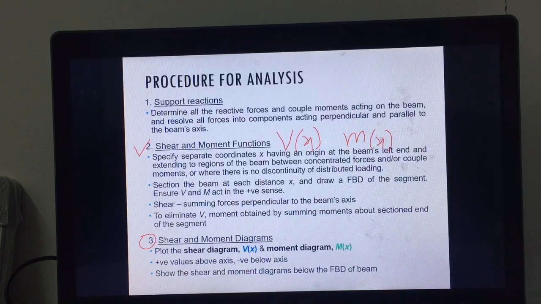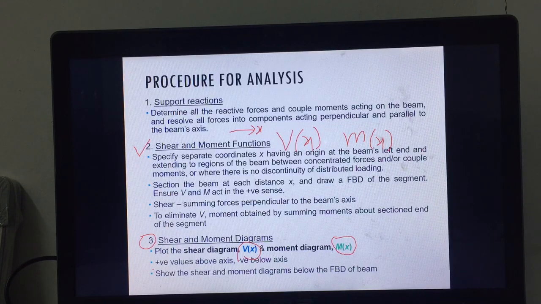We have to look at the positive x direction: x is positive going from left to right. Only then we plot the shear force diagram V(x) and the bending moment diagram M(x).